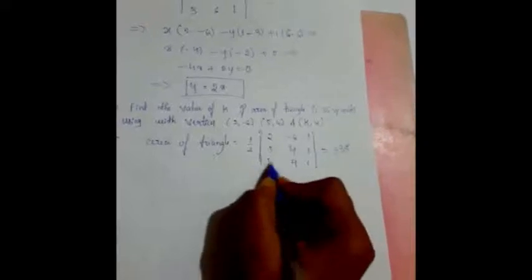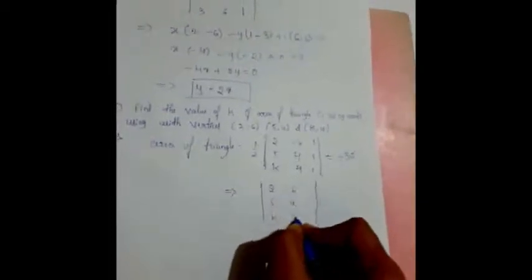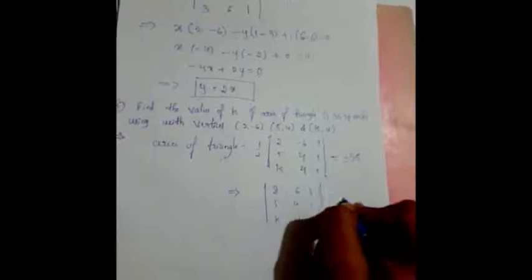Okay, the next: 35 square units means it may be plus or minus. Next we have to find this value. Here this 2 goes to this side, so we have the determinant of 2 minus 6 1, 5 4 1, k 4 1 equal to plus or minus 35 into 2. This 2 goes to the RHS part and becomes multiplication into 2.